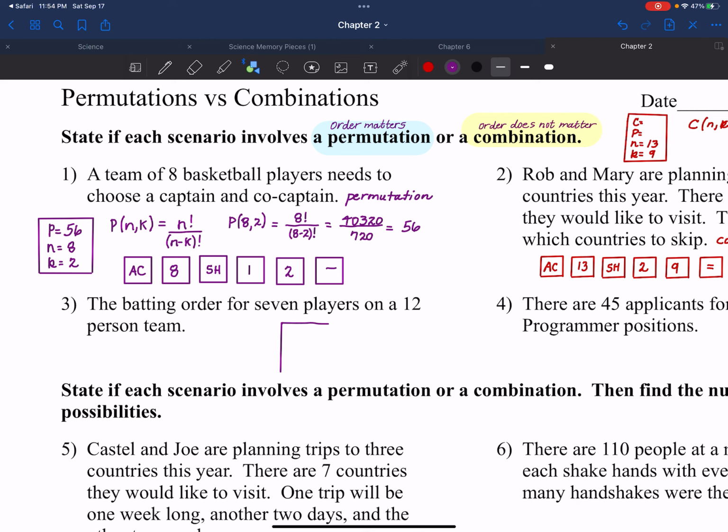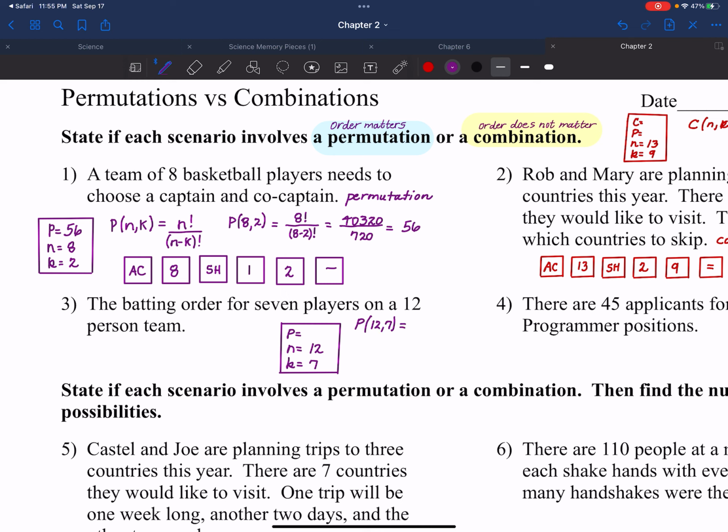We have P, N, and K on this one. The batting order for 7 players, so the order that matters is 7 positions on a 12-person team. And so we are looking at the permutation of 12, 7.